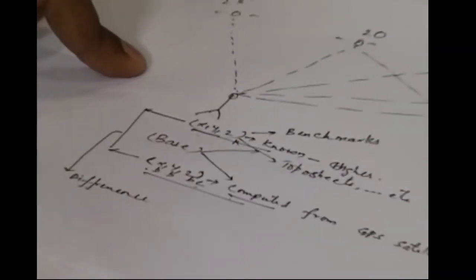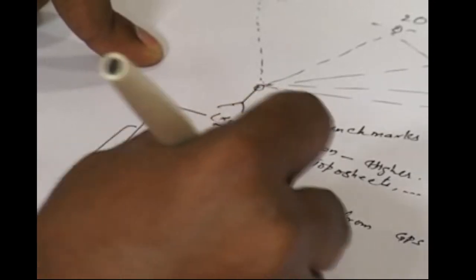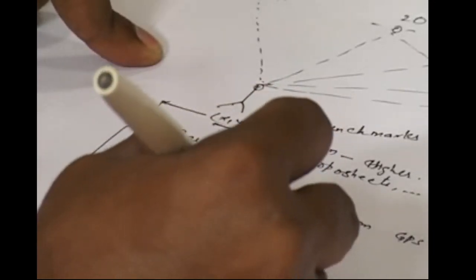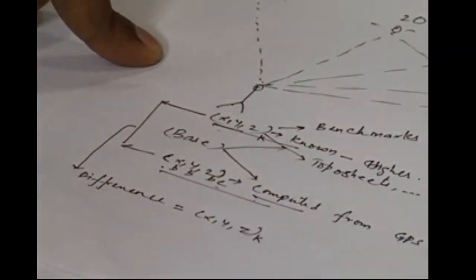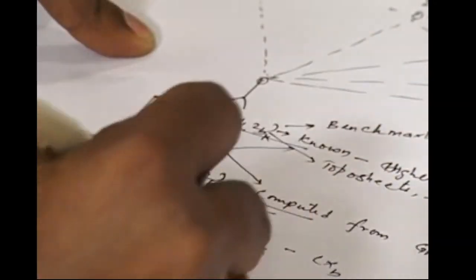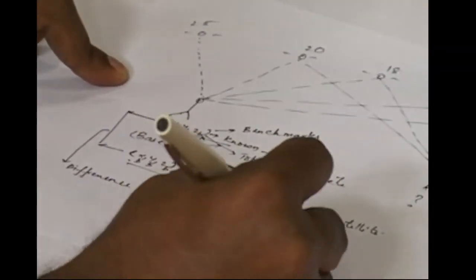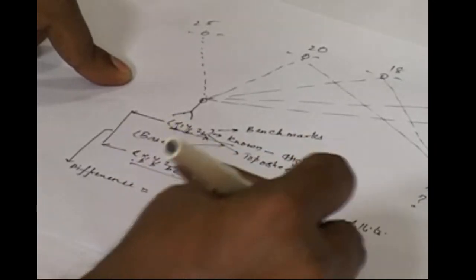Once you take this difference, it is nothing but the x, y and z of this base which is known, minus xb, yb, zb, which is computed from the satellites. So this is nothing but the error which I am talking of, right?